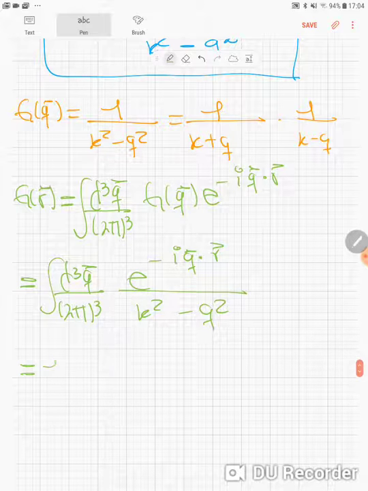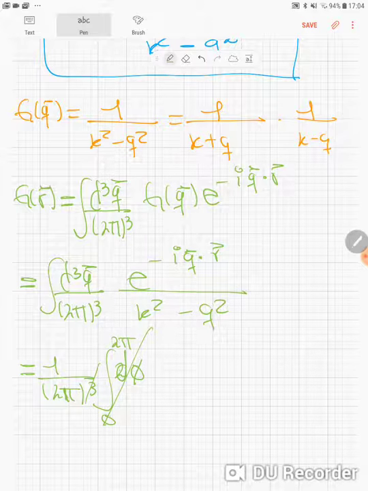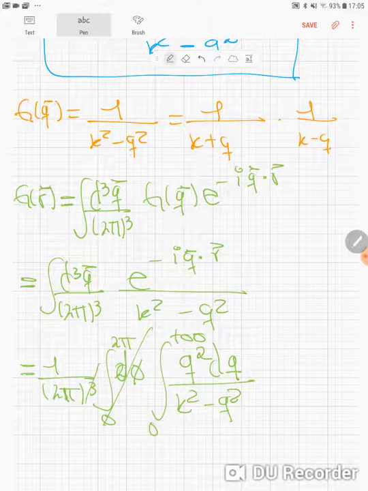So then we have 1 over (2π)^3. Here we have an integral from 0 to 2π of dφ. Then the integral from 0 to plus infinity of q² dq divided by k² minus q². That's alright.